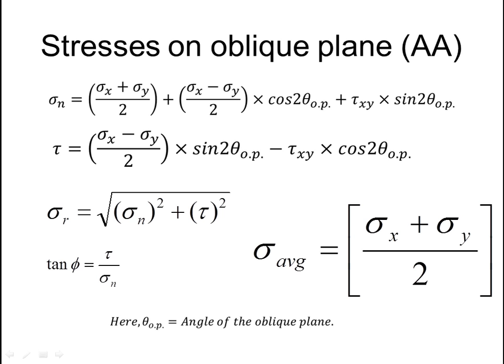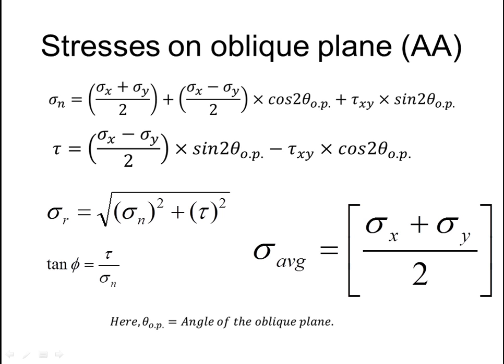The sigma n is equal to sigma x plus sigma y by 2, plus sigma x minus sigma y by 2 into cos 2 theta of the oblique plane, plus tau xy sin 2 theta of the oblique plane. The shear stress in the oblique plane can be determined by the formula sigma x minus sigma y by 2 into sin 2 theta OP, minus tau xy into cos 2 theta OP.